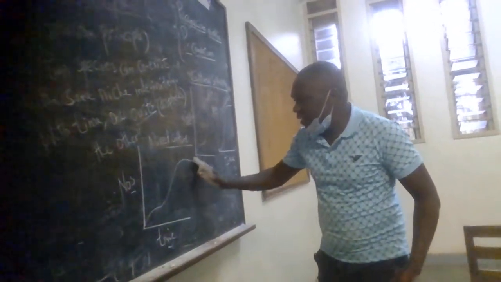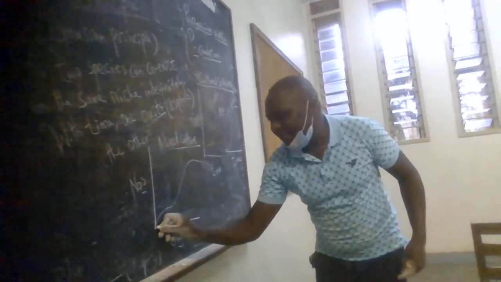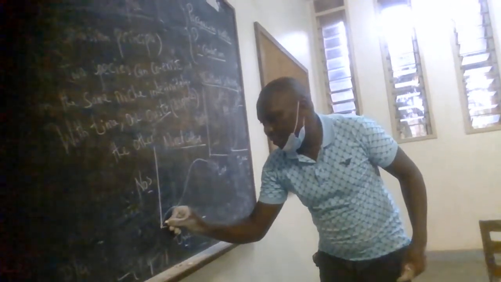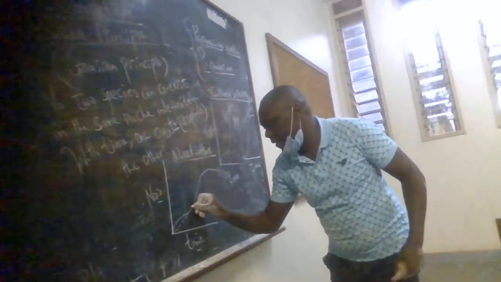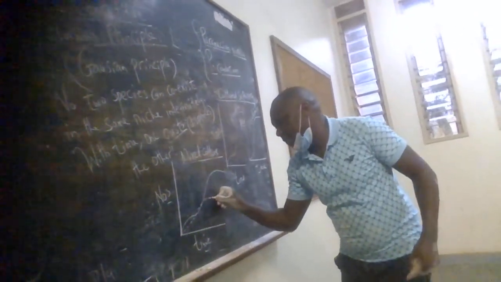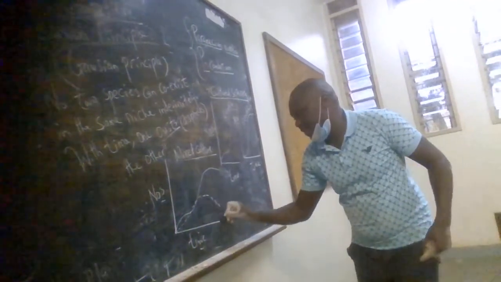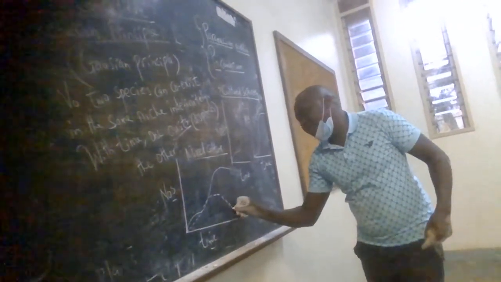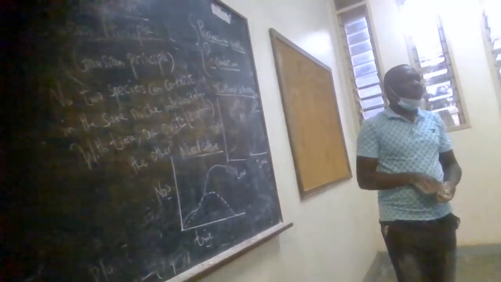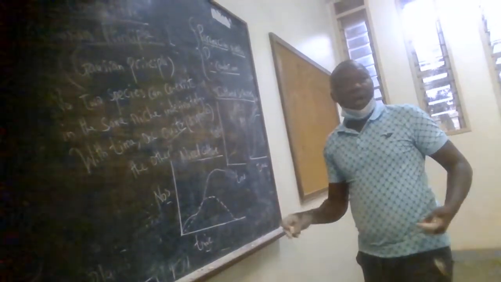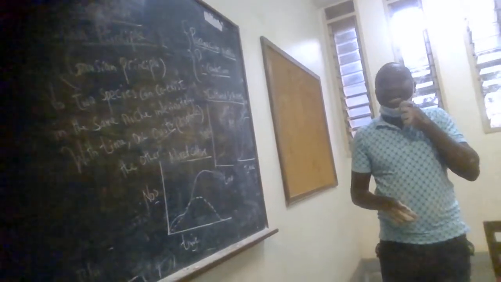And then, for the other species, which is called Paramecium caudatum, he obtained something like this. Paramecium caudatum grew negatively.